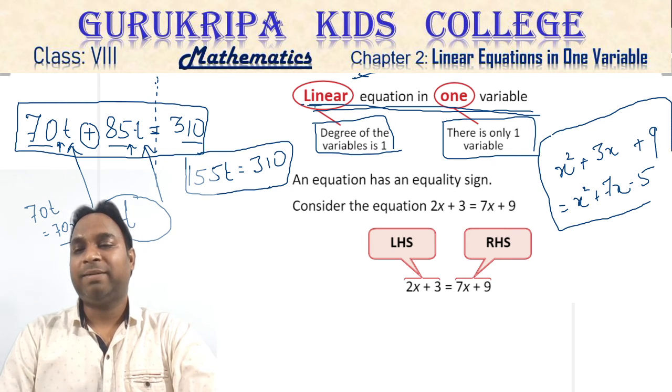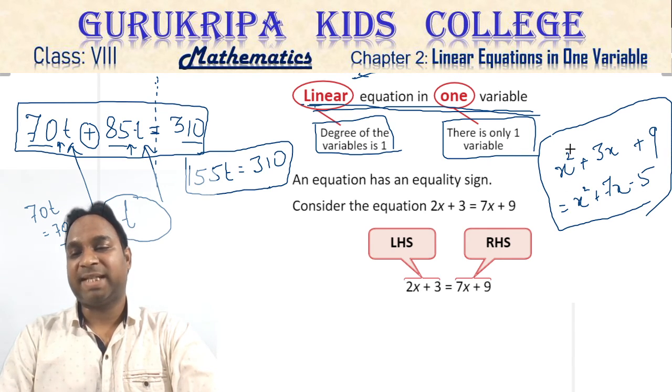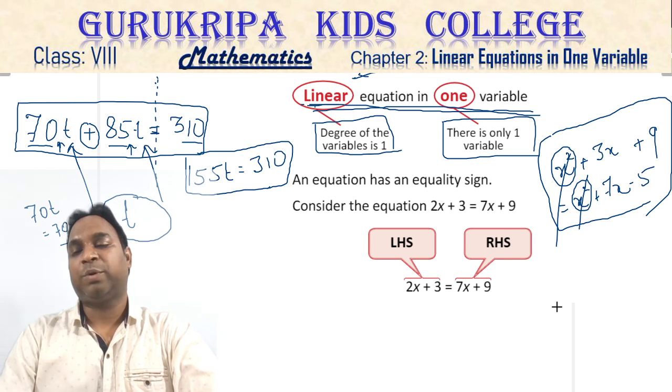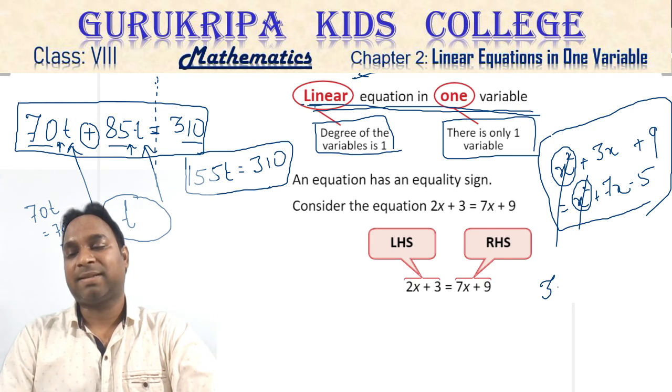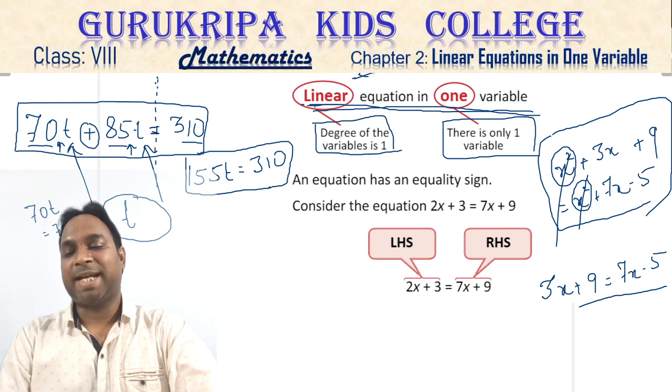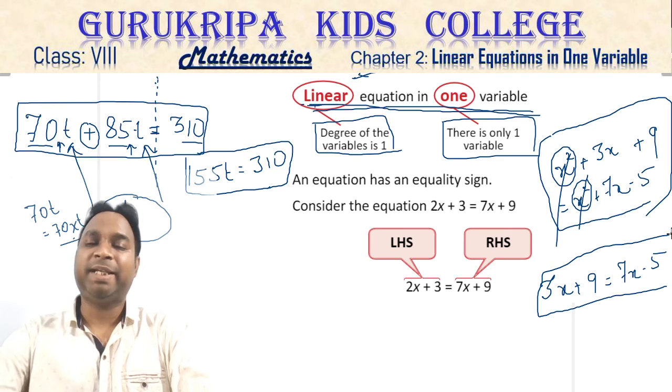No, this is not linear because it involves an x square over here and there is an x square over here also. But interestingly, we can cancel out both these x squares and we get 3x plus 9 is equal to 7x minus 5. This can be converted into a linear equation.